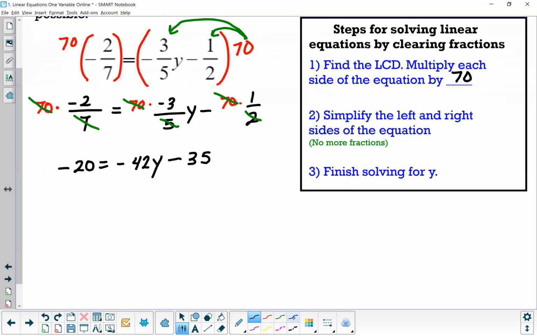All right, so now I'm going to draw a line through my equal sign. I don't need to simplify my side, so now I'm just going to bring my constant terms to the left. So that requires me to do the inverse of minus 35 by doing plus 35 to each side.